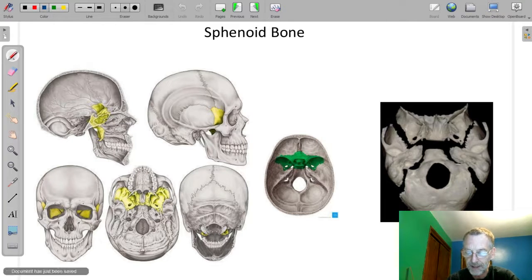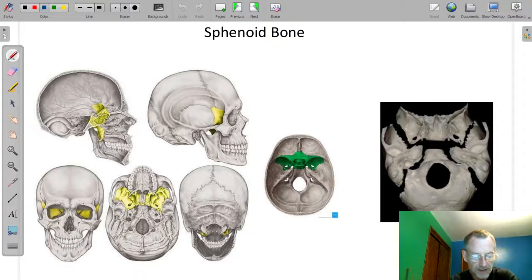Let's continue this lecture on cranial bones, and we'll deal with the sphenoid bone in this lecture. So in this first slide, there are several views of the sphenoid bone, and they're all colored. Some of these views you should start recognizing.